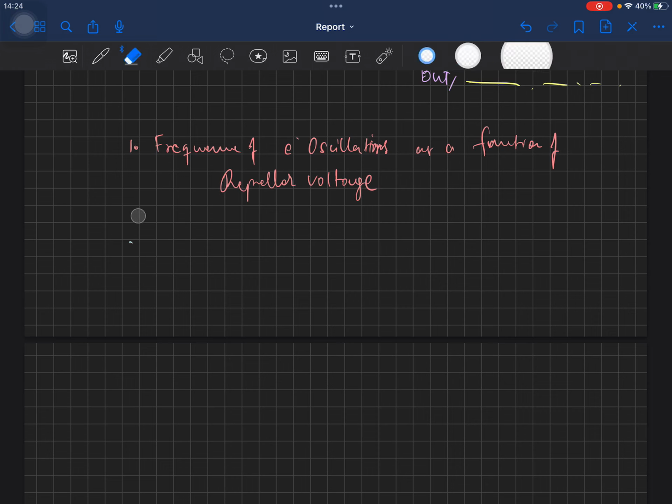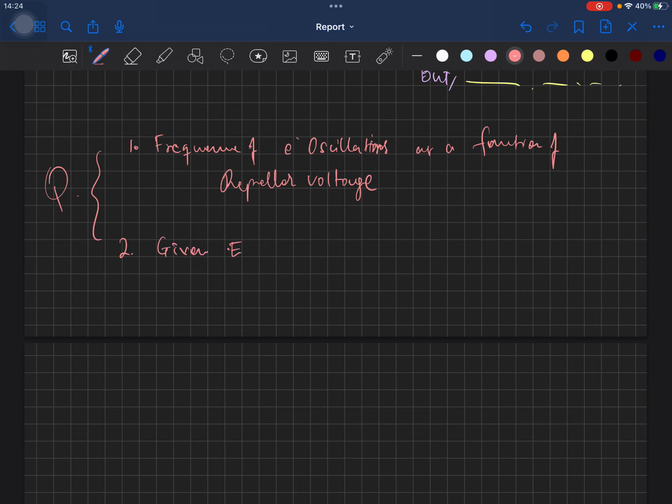Second question is, let's not do that. And the second question is, given a frequency, given E, so are these electron fields also time harmonic?